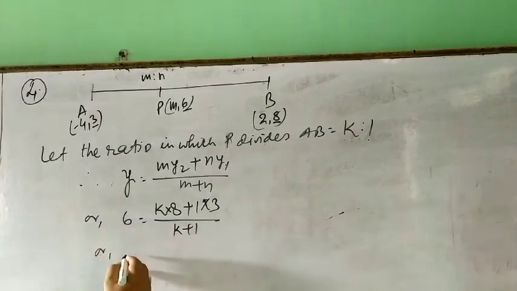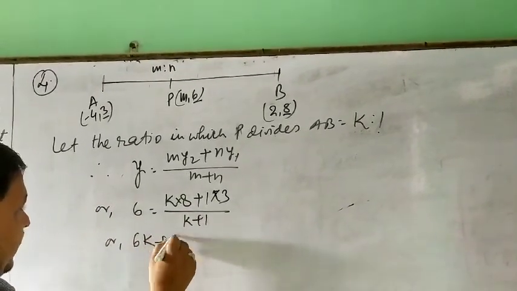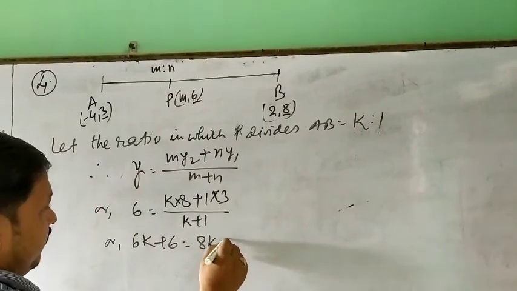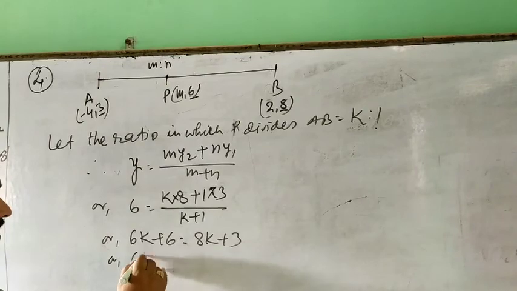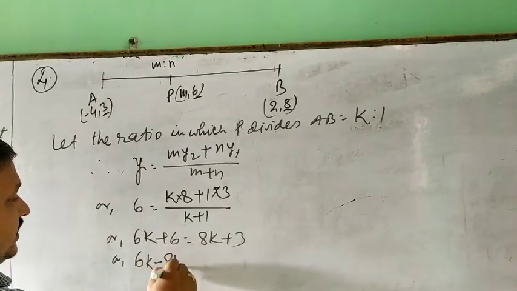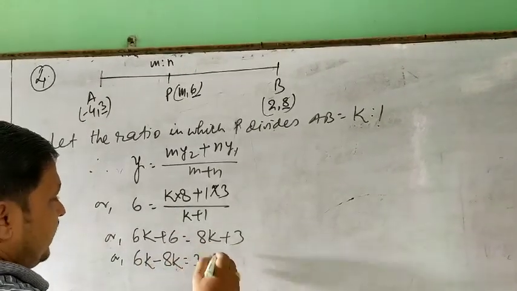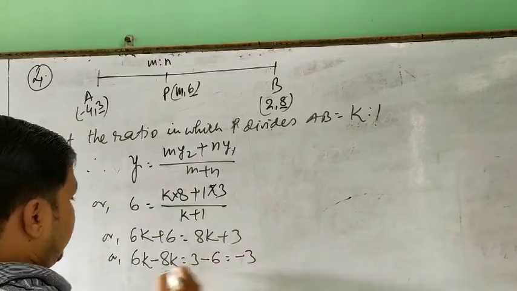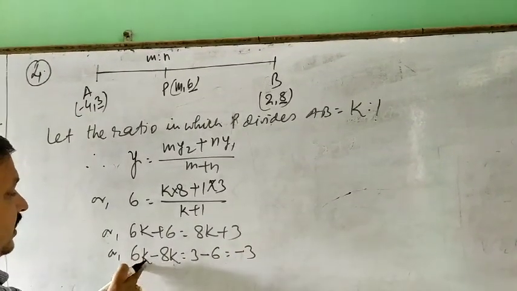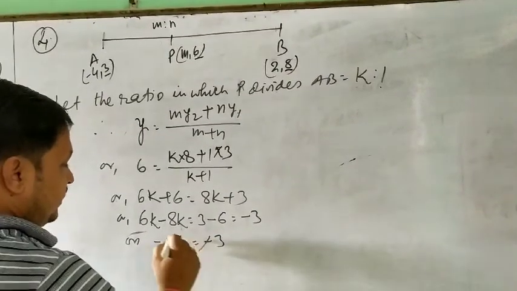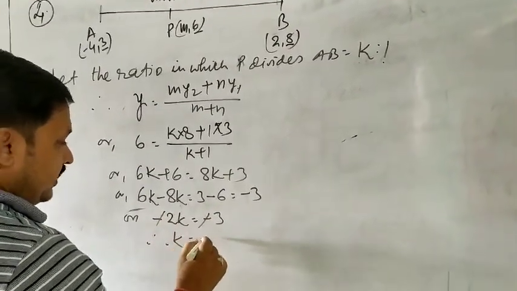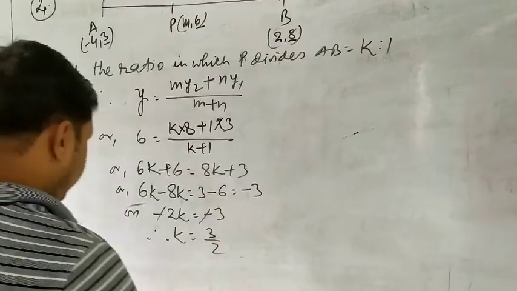Now cross multiplication, 6k plus 6 equal to 8k plus 3. That means 6k minus 8k equal to 3 minus 6, that means minus 3. Here the result is minus 2k equal to minus 3, cancel, so that k equal to 3 by 2.